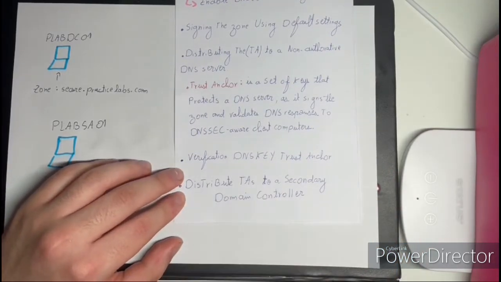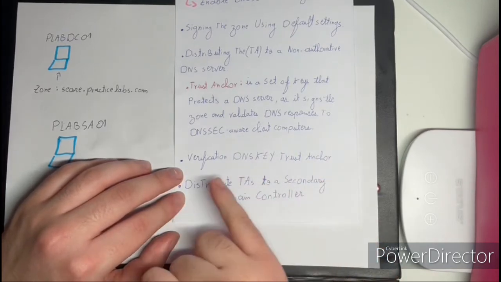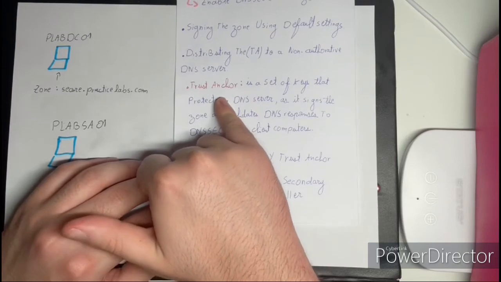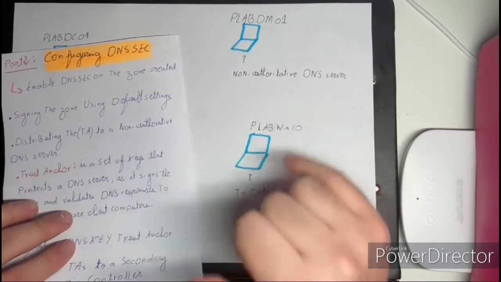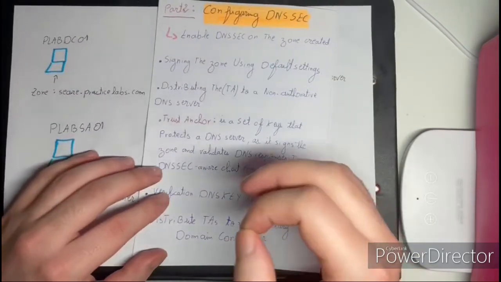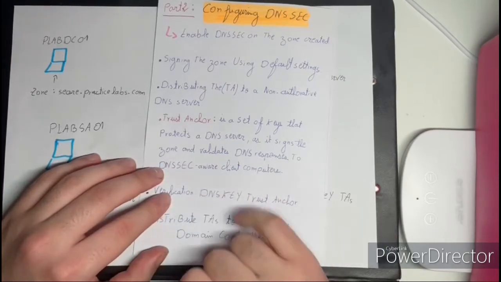After that, the next stage is going to be verification of the DNS key trust anchor. After distribution of the DNS key trust anchor to a non-authoritative DNS server, we will now test if the trust anchor can be detected by a DNSSEC-aware client.